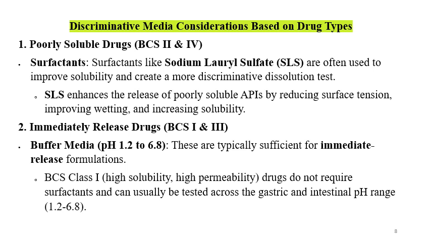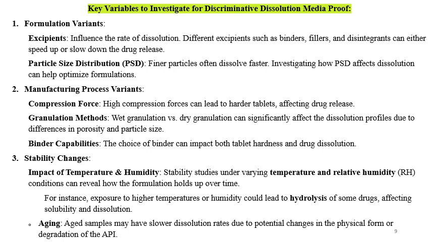The formulations containing BCS class 1 and 3 drugs, these are soluble formulations. So for these drugs, surfactants are not used because these drugs are highly soluble. So sink conditions are easily achieved considering the solubility. But for poorly soluble drugs, surfactants are required to meet the sink condition.